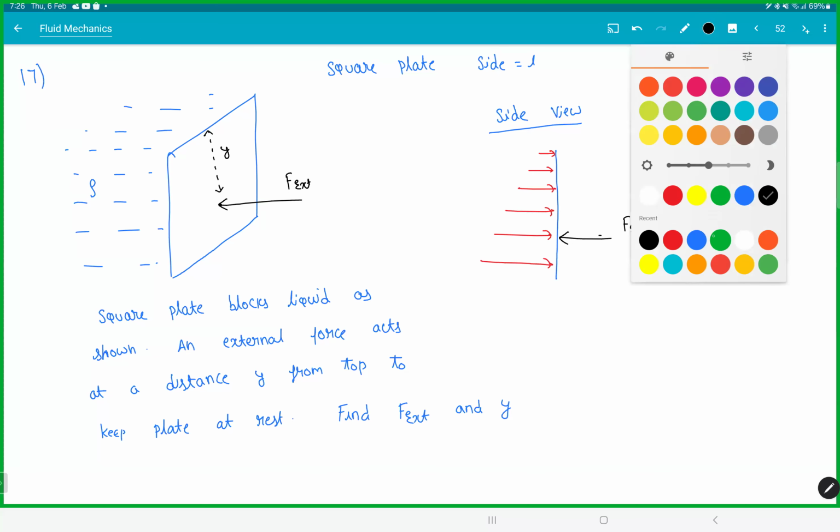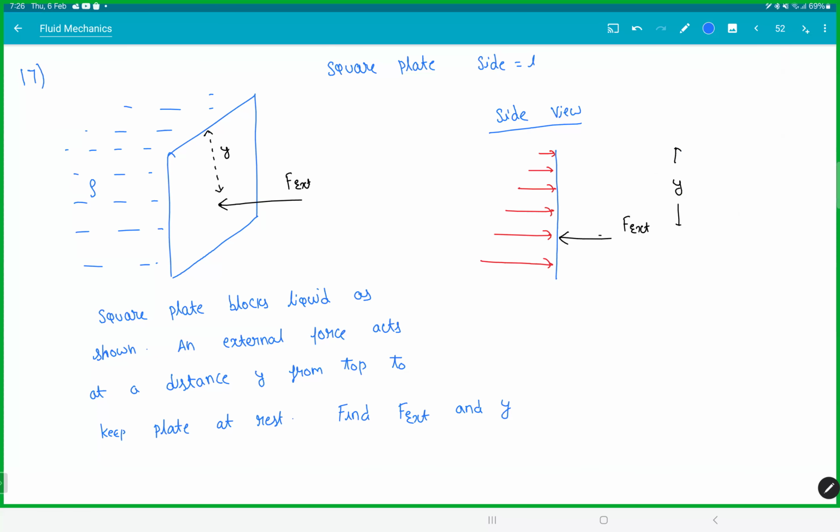Gravity is there. This is just a liquid column, like a wall of a dam, you can say. Gravity is there. This is vertical. Imagine your room is filled with liquid. The pressure increases with depth: P naught plus rho g h.